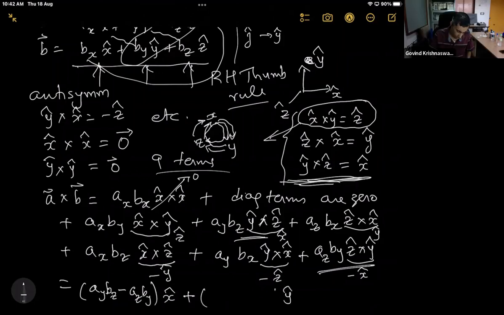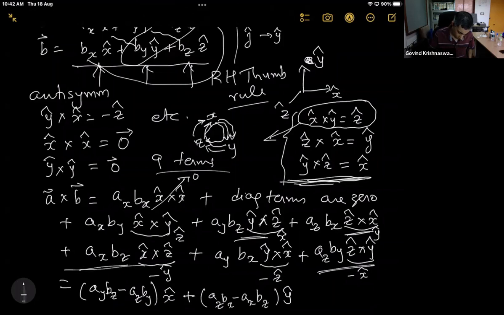Then there's the coefficient of y hat. Excuse me for those who figured this out and have answered it well, but I just want to go through this once, for those who would like to see it. The coefficient of y is coming from here: AZ BX minus AX BZ.